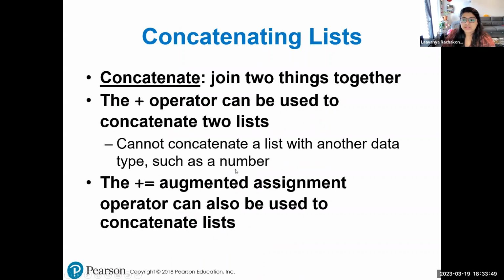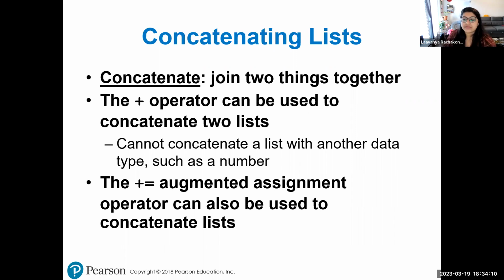Now let's look at the concept of concatenating lists. I think we have already discussed concatenation in the previous chapter as well. It will just combine two things together. It is not adding anything. It is just getting one type of data and mixing it with the same type of data.